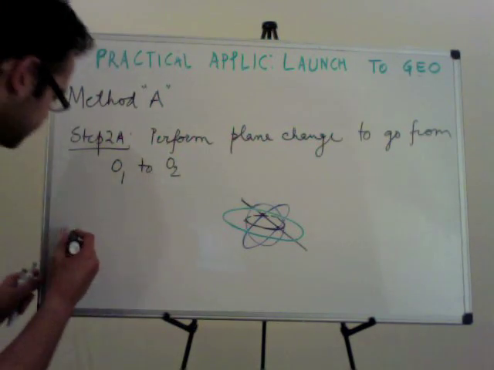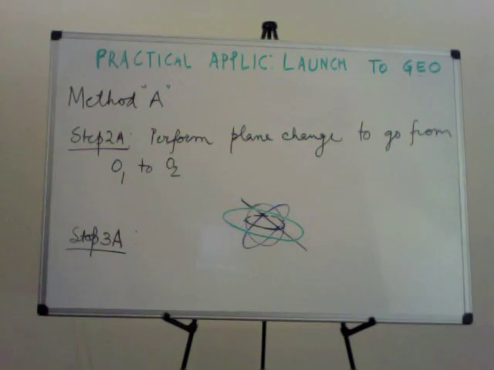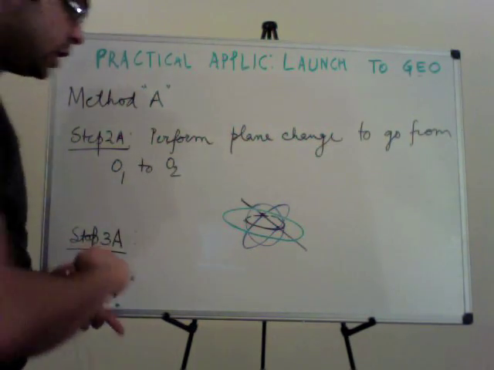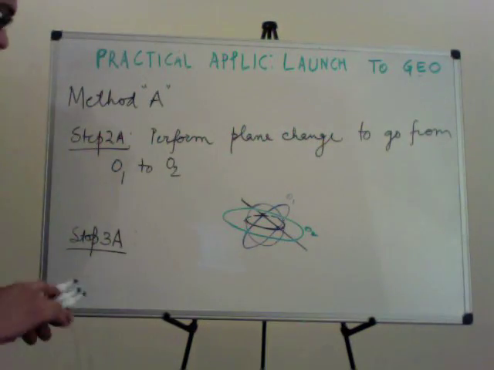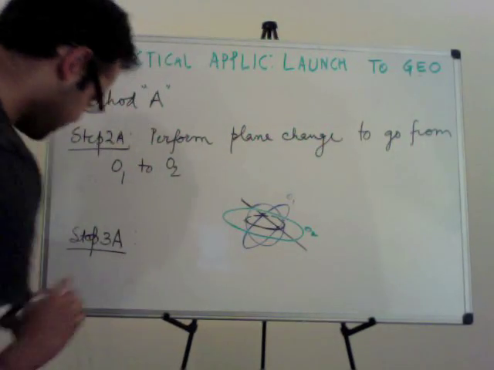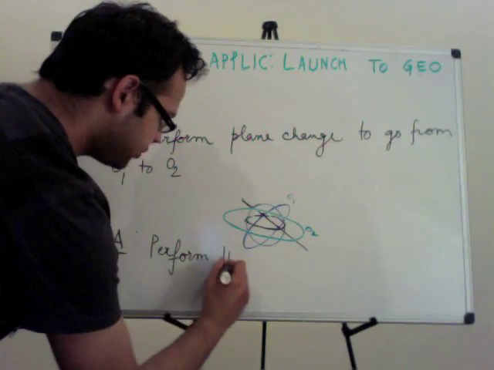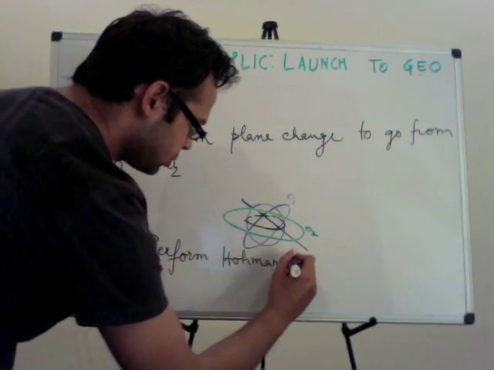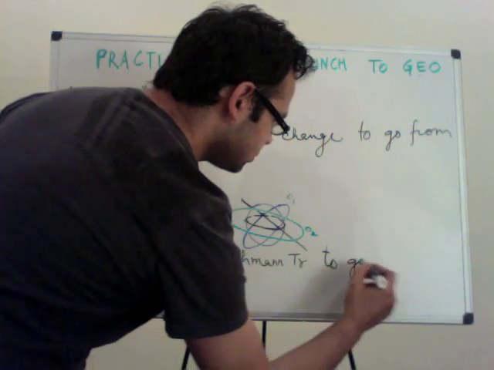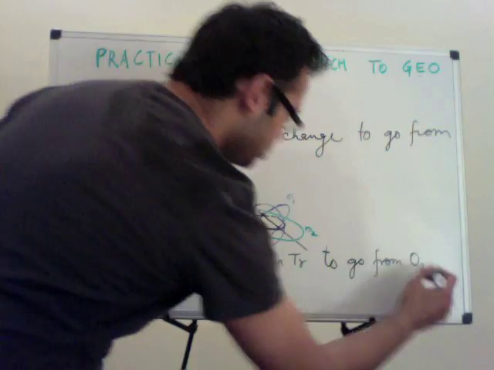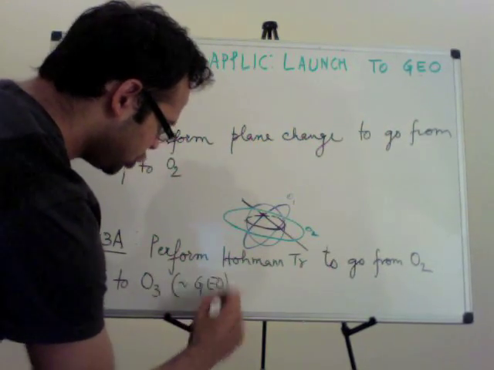Step 3 of method A is to go from O2 to O3 by performing a Hohmann transfer, from O2, which is my intermediate orbit, to O3, which is GEO.